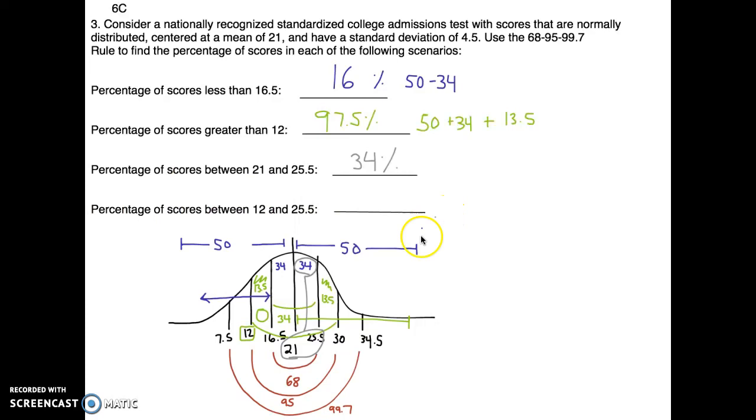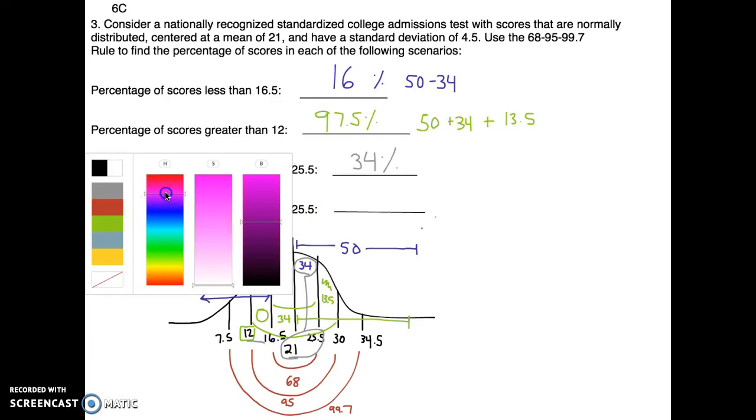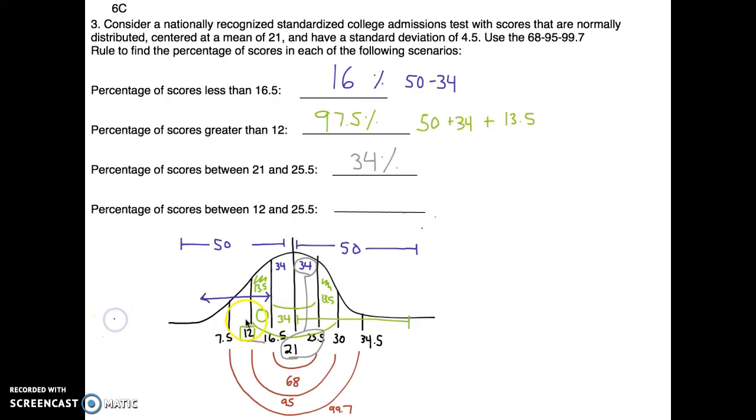And then the next one, let's switch to a pink. Let's see, pinkish purple. So the percentage of scores between 12 and 25.5. Okay, so 12 and 25.5. So we're looking at this section. So we're looking from here all the way to here. So remember, this is within 1 standard deviation of the mean, both directions, and then this section.